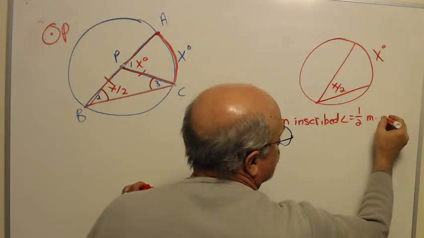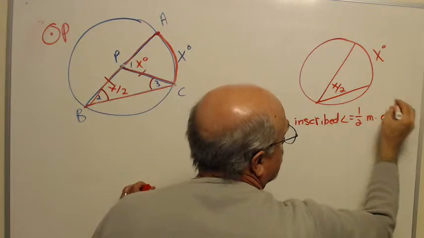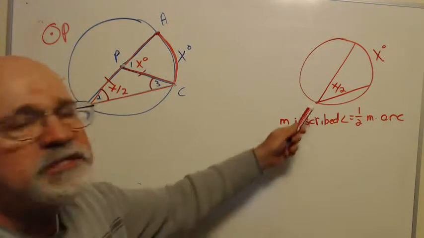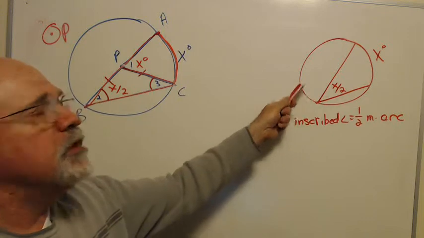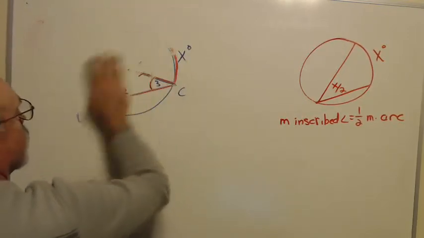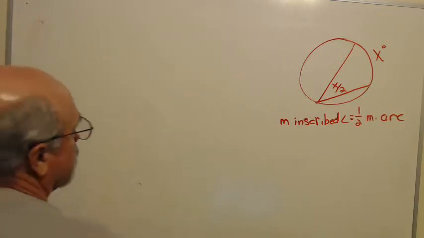I'm just going to write measure of arc because I'm running out of space there. Okay, other rules in this section are not as important as that one. This rule gives us all of the others, but you'll work a few problems where they'll come in handy.